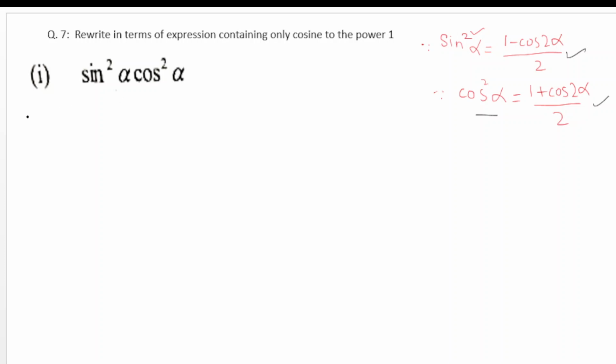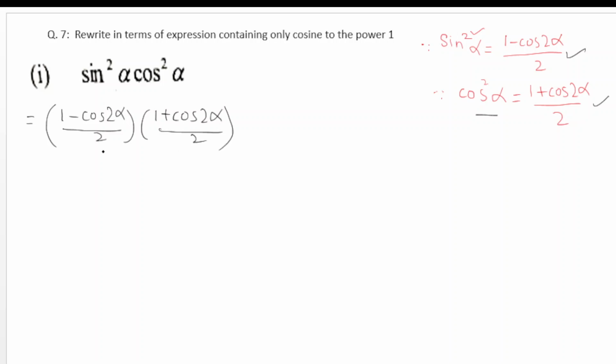Now we will put the values of all these things. That will be (1 minus cos 2 alpha) by 2, and next cos square alpha, that will be (1 plus cos 2 alpha) by 2.